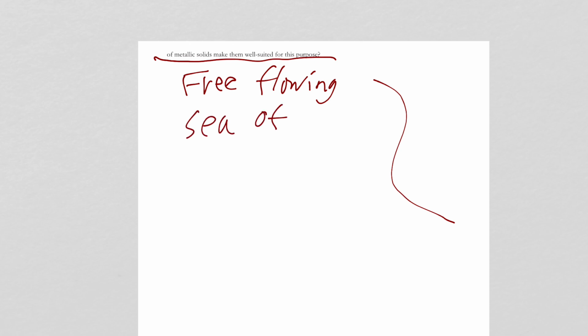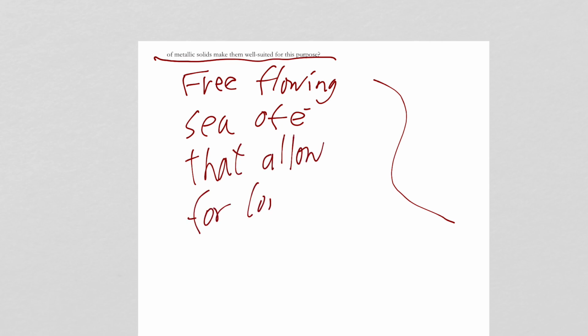Well, they have a free-flowing sea of electrons that allows for conductivity. And that is one of the reasons why conduction, if you will, allows for electrons to freely move around and move from one location to another.